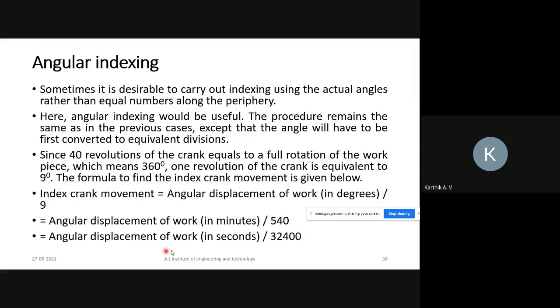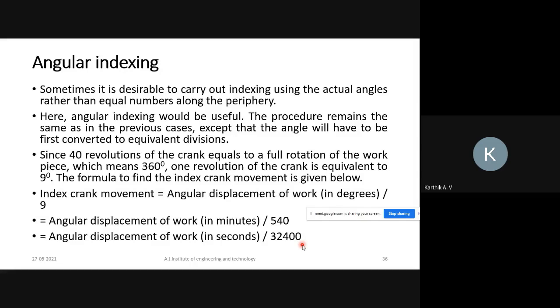In terms of seconds, this value becomes 32,400, which is 9 into 60 into 60. This is the method you should follow for the angular indexing mechanism.